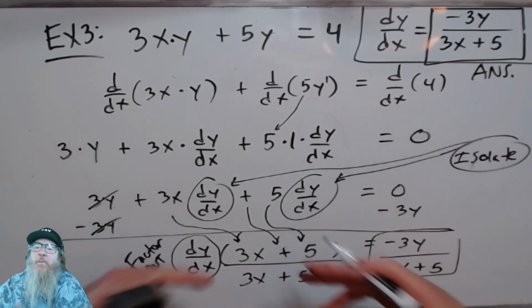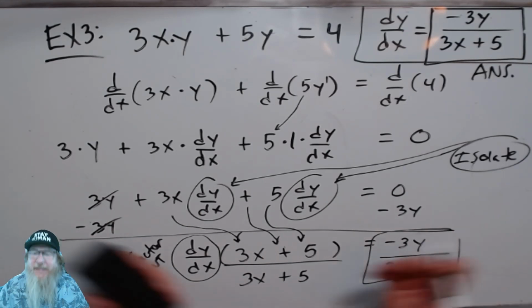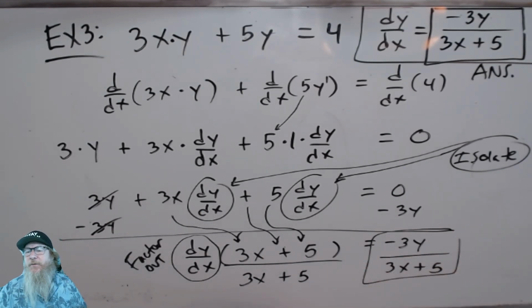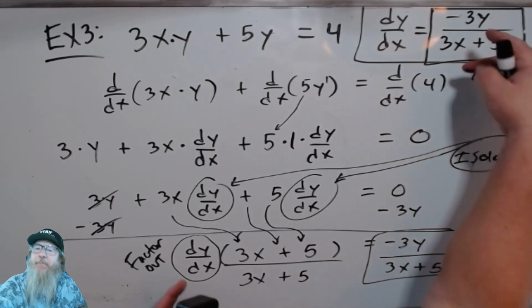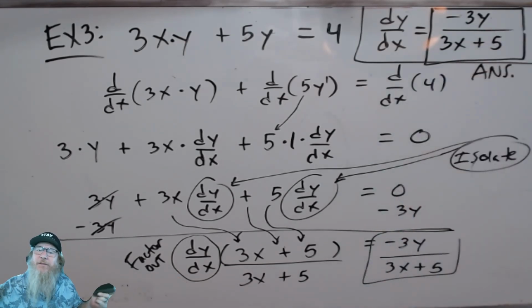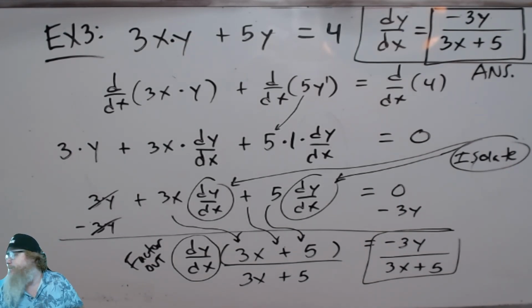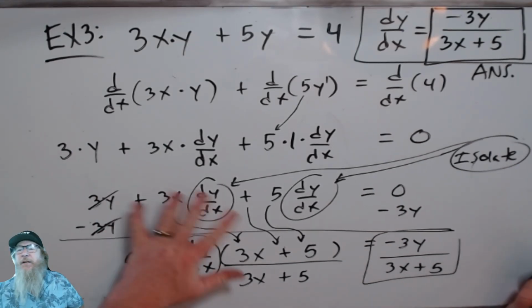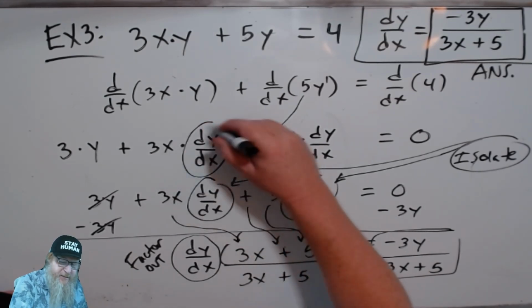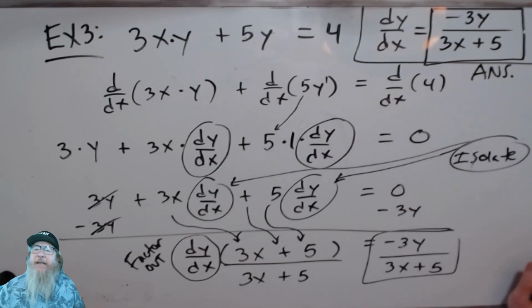It gives you the slope of the tangent line or the instantaneous rate of change at a particular point. The only difference is implicit requires two inputs, the x and the y, in order to get the result. One thing we're going to do next is a simpler way of writing dy dx.